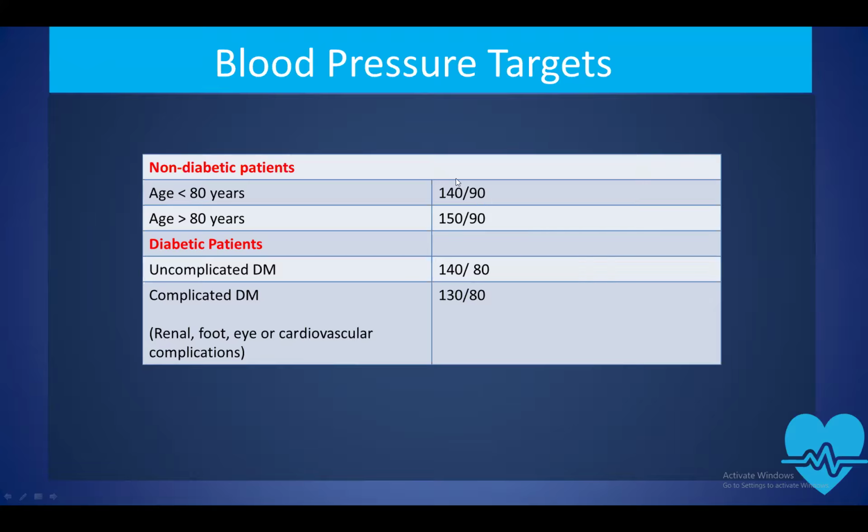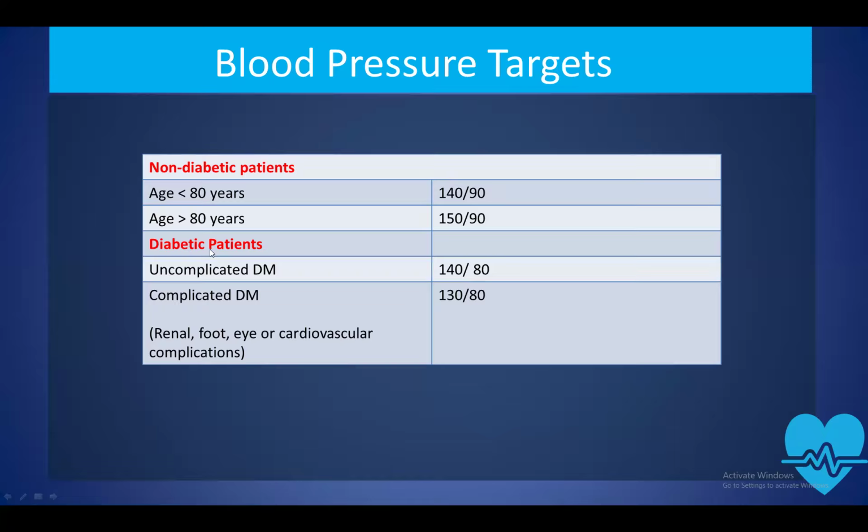So in young patients, we aggressively control the blood pressure to prevent stroke and MI. And in older patients, we allow slightly higher BP to avoid falls, dizziness, and renal hypoperfusion.